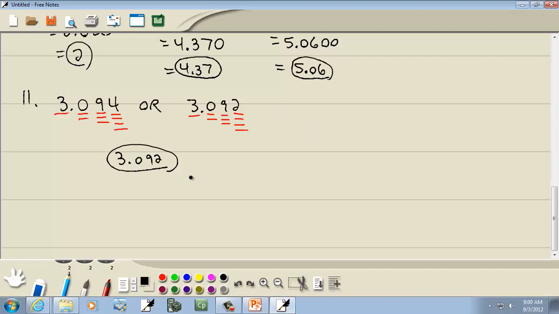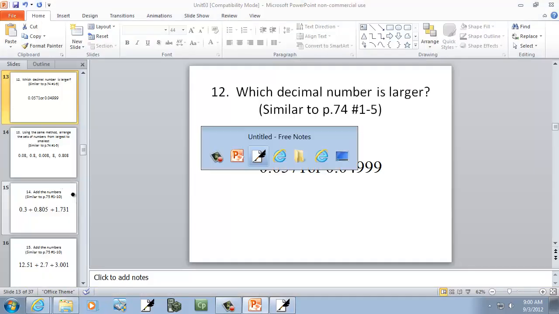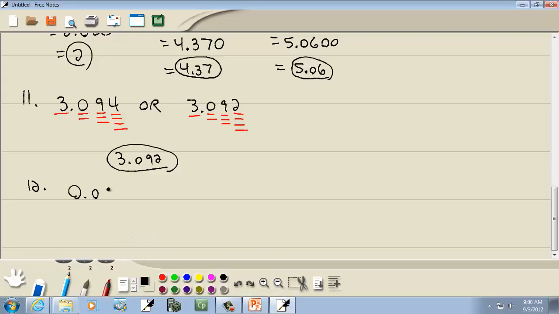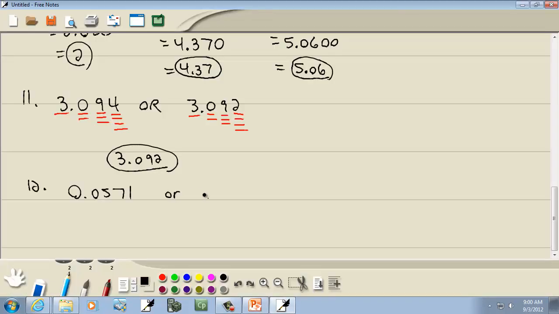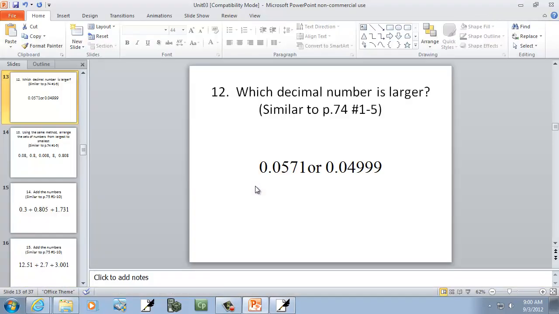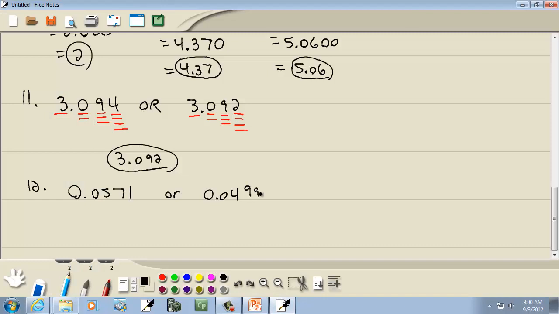Take a look at which one's larger. 0.0571 or 0.0439. Okay, well the number before our decimal is just zeros, so can't tell anything about that.